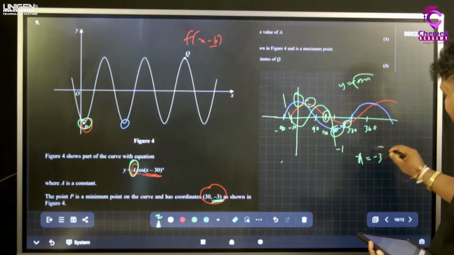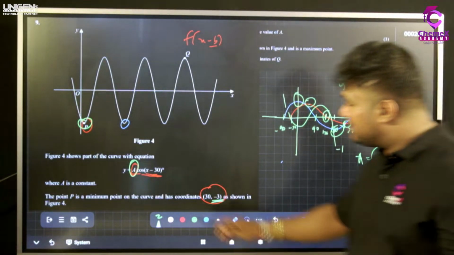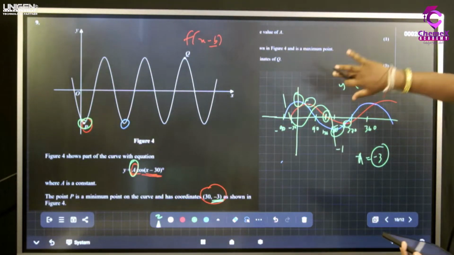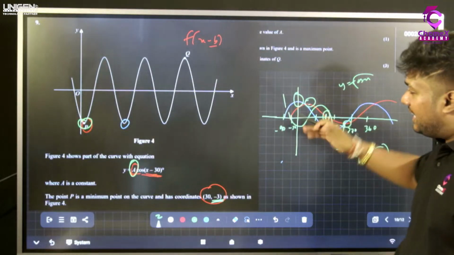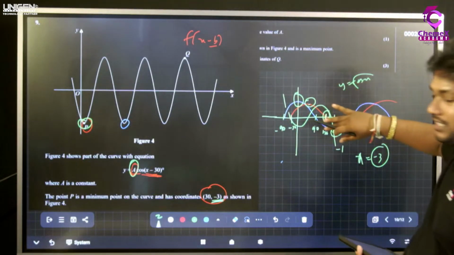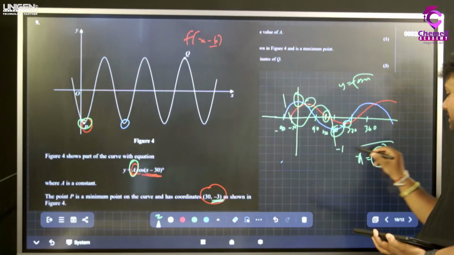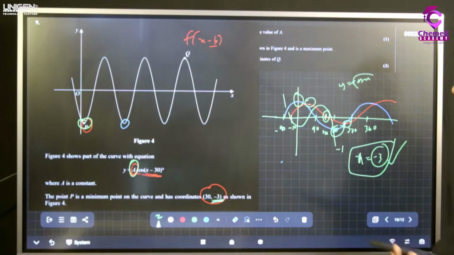It's been opposite. So what's this a term? It's a negative term. You understand? It's like it's flipped. The normal y is actually the same but y is being flipped. Do you understand? So that's why it's -3.